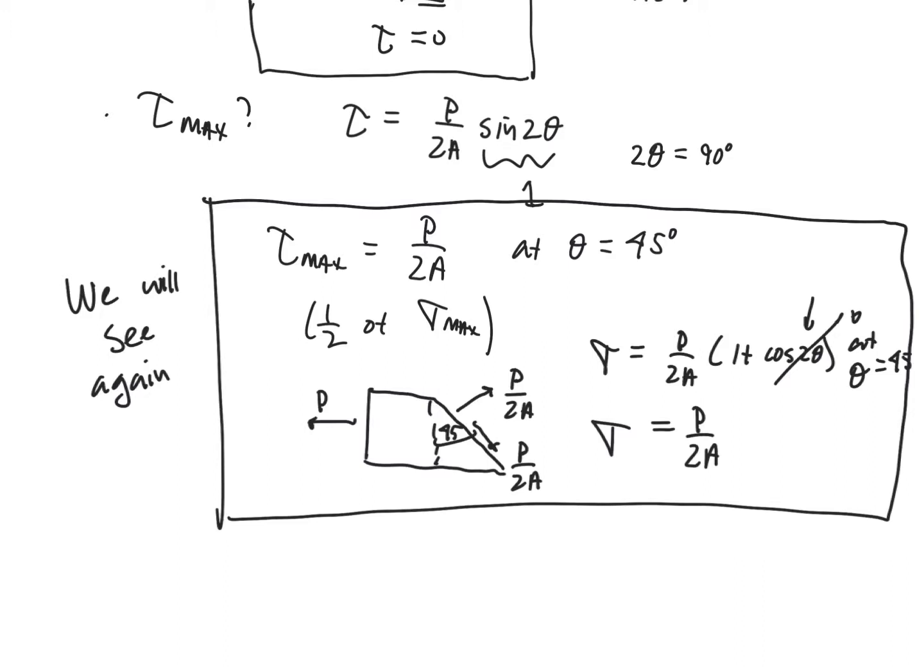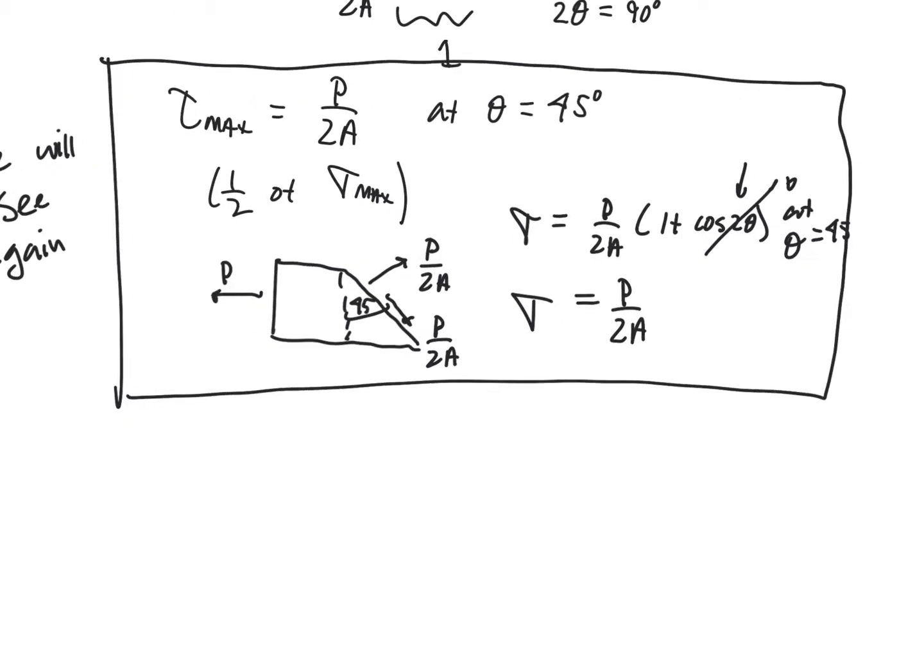Now we might want to ask, we know where tau is a min. That's at theta equal to 0, where the value of the shear stress is 0. But what about sigma? Is there any way to get that value of sigma equal to 0? So on that we would say, can sigma equal 0? Sort of. Now remember we did the lap joint problem, where we had two boards side by side, and we glued them like this and then like this.